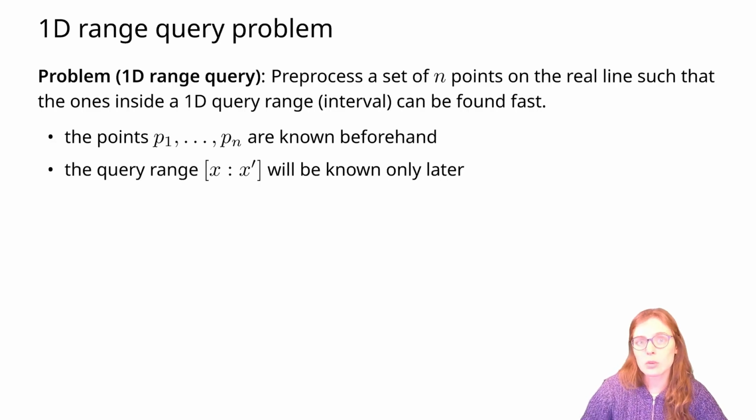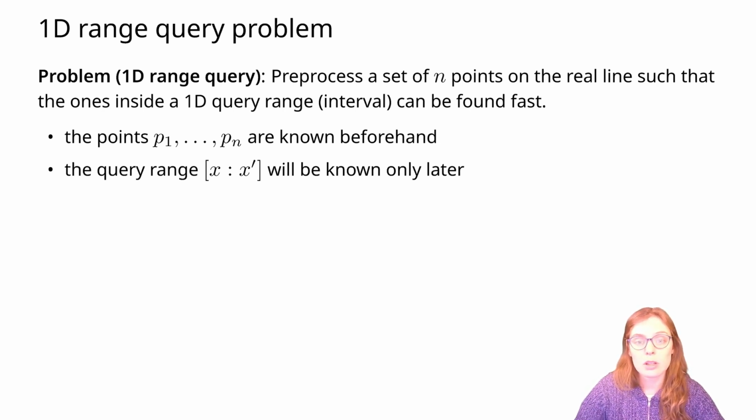As usual, let's start with a simpler, one-dimensional version of the problem that we are looking to solve. In this case, the 1D range query problem. Given a set of points on the real line, we want to be able to answer the one-dimensional range query efficiently, which is, we want to report all the points that fall within a given query interval.